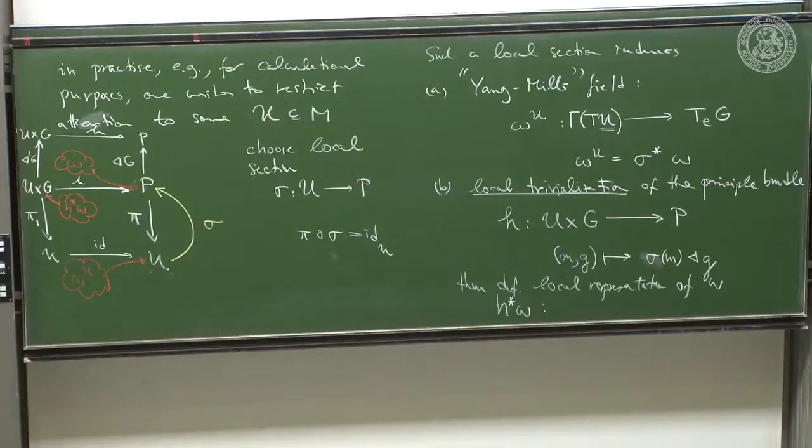Now, if we had to guess which of these two, the Yang-Mills field or the local trivialization, contains all the information in the omega, we would probably guess this local trivialization, I mean locally, should contain all the information in the omega, and that's true.